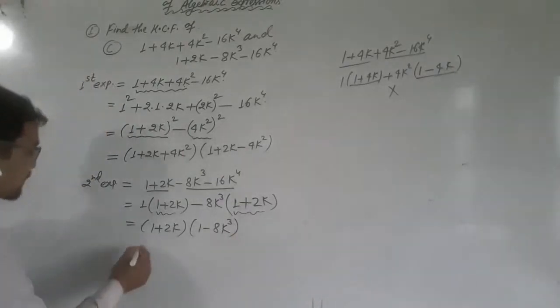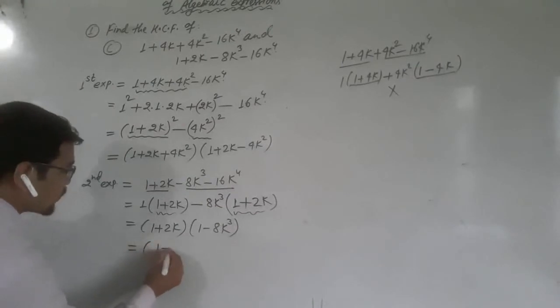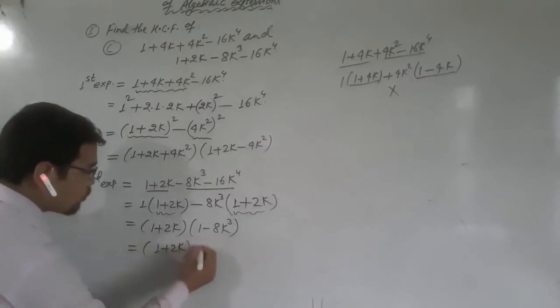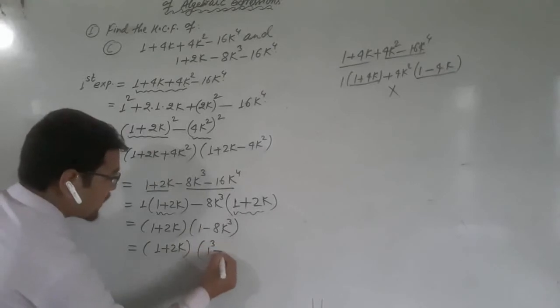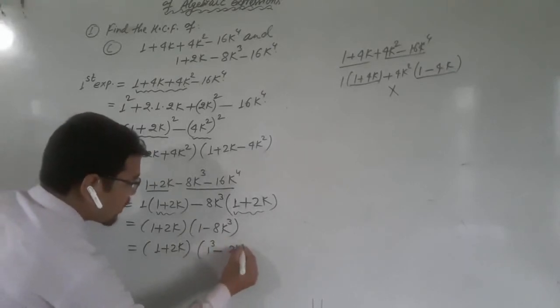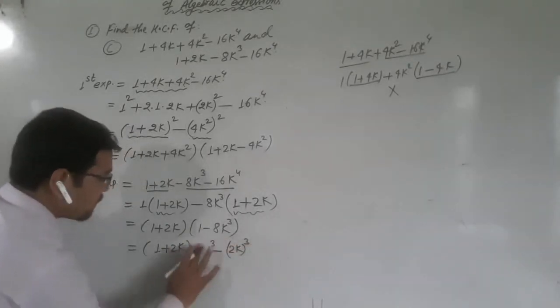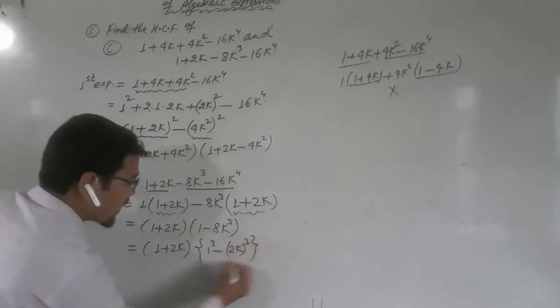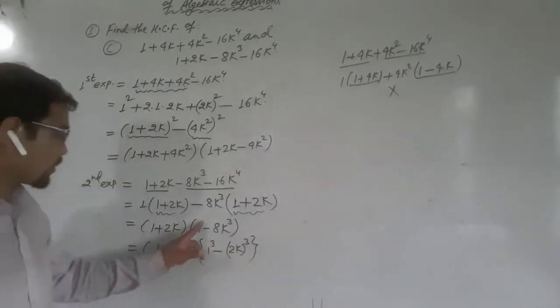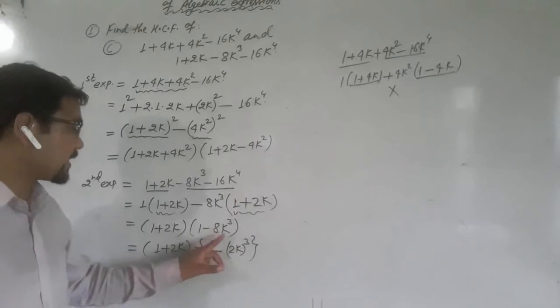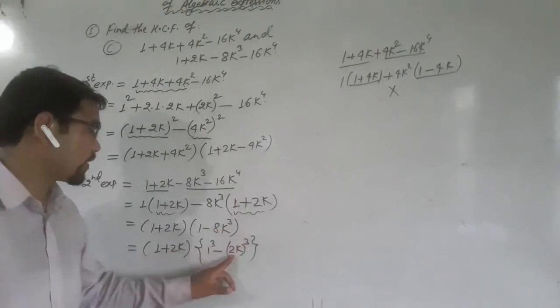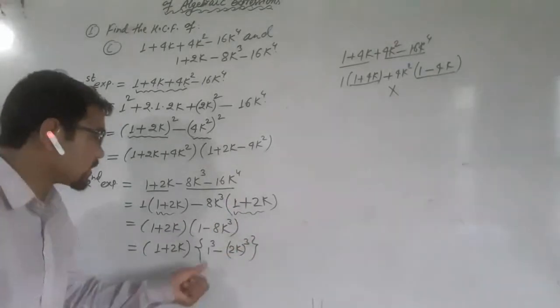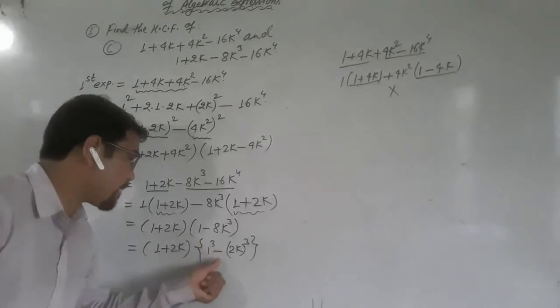So we can write here this 1 plus 2k we have to put same, and this 1 we can do 1 cube minus 8k cube we can write 2k whole cube. So here use curly bracket because no bracket is used already. That is 1 power cube minus 8k cube, we can do 2k whole power cube. 2k whole power cube is 8k cube. So that it is in the form of a cube minus b cube.